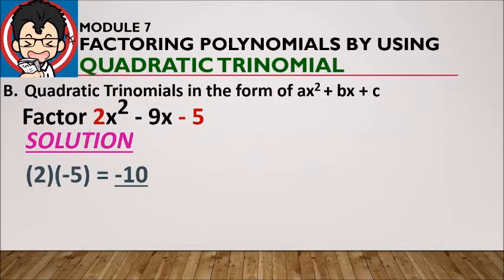Step 1. Multiply natin yung leading coefficient and yung constant term. So in this case, the product of 2 and negative 5 is equal to negative 10. Eh ano bang gagawin ko dito sa negative 10?